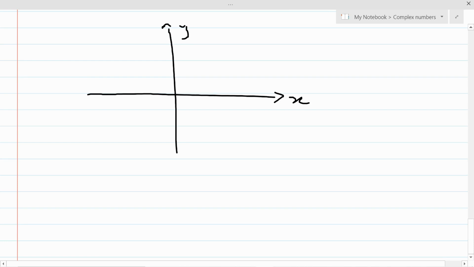Let's say there is a complex number named z equals 2 plus i. Here is 2, and here is 1, that is the imaginary aspect. This is where they will meet, and this will be our z.